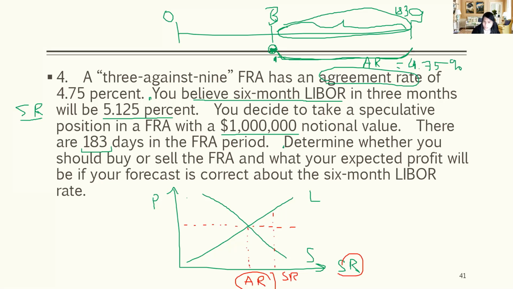So in this case, I don't want to be in a short position because I'm going to lose out. I actually want to be in a long position. Okay, so the long position gains and the short position loses the exact same amount. The short position is going to pay the long position. And so if I want to make a profit, I want to be in the long position, given that this is my expected future rate.